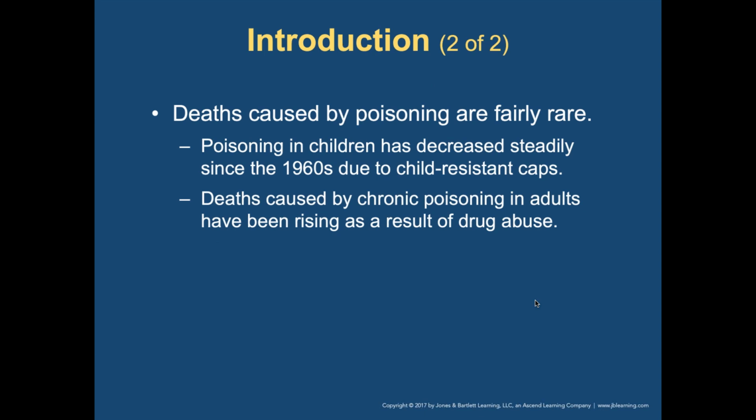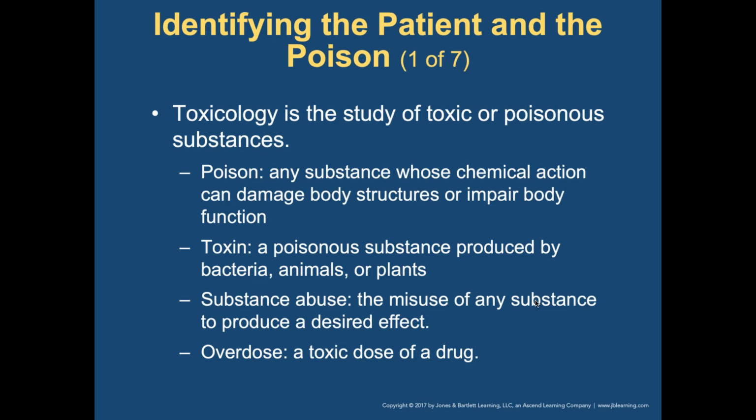We know it's a fail-safe system that affects us older ones. Death caused by chronic poisoning in adults has been rising as a result of drug abuse. Some drugs may be okay for you, but high quantities are not good for you.